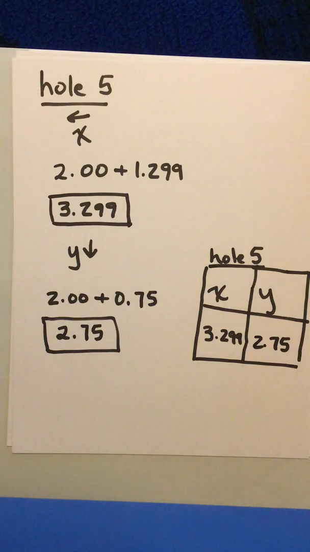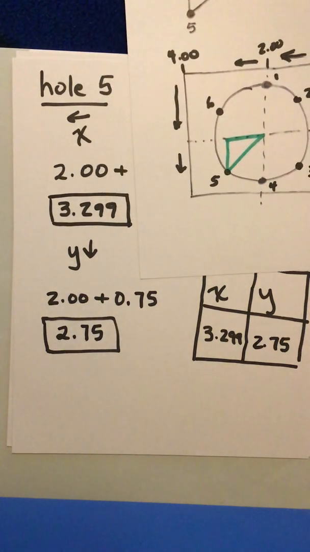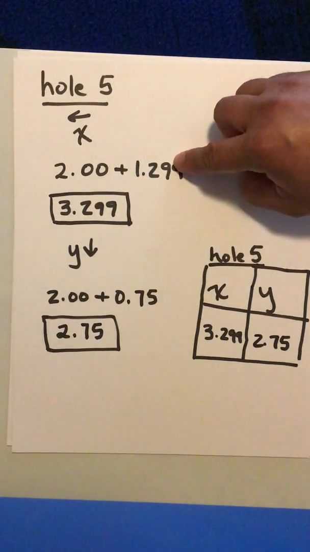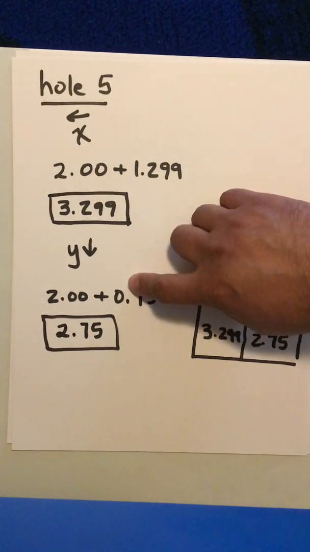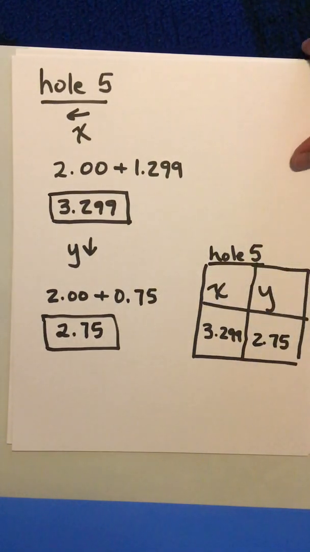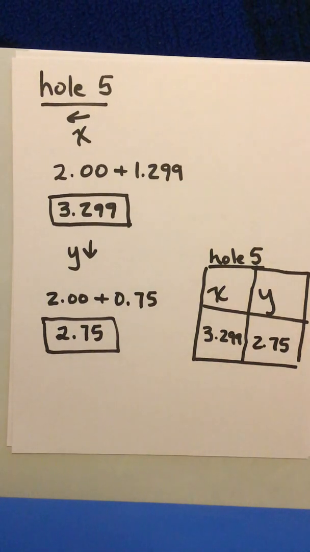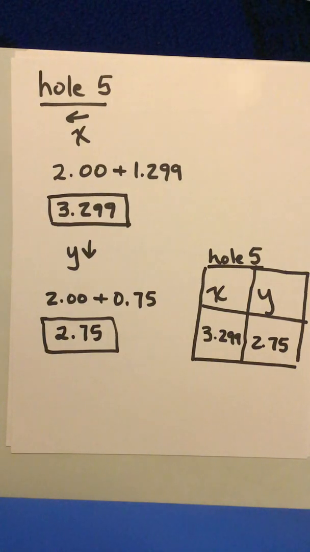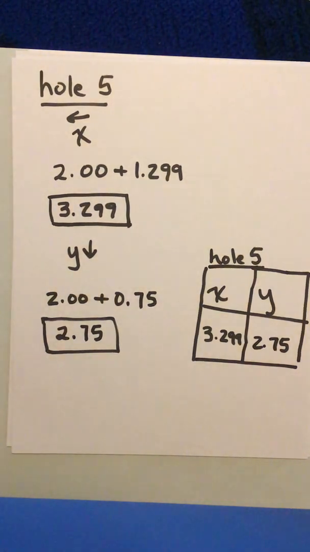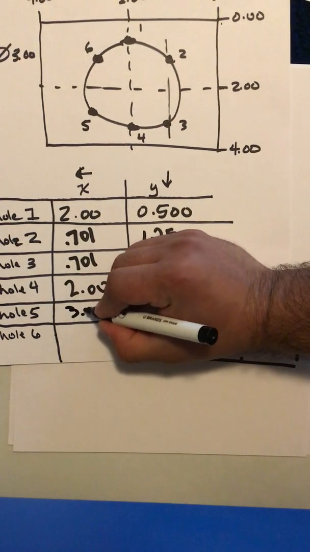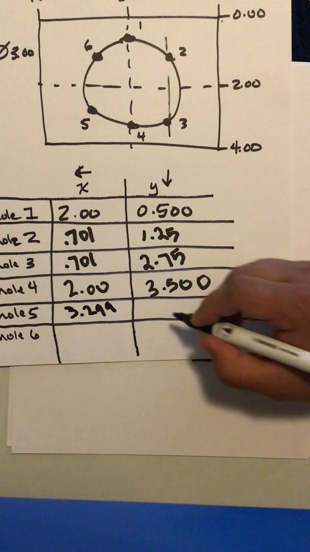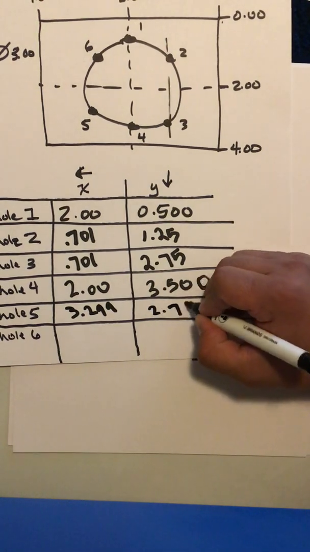And that's how I get it right there. So that's my location for hole number 5. Going across is 3.299, going down is 2.75.